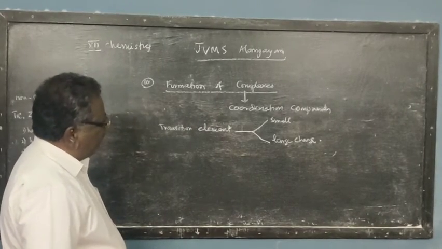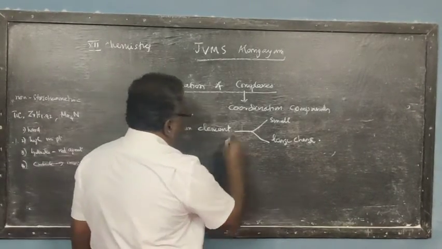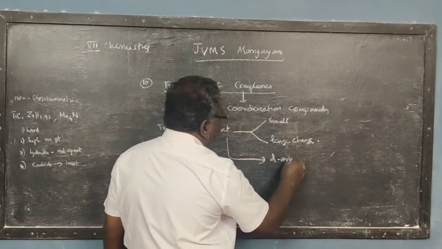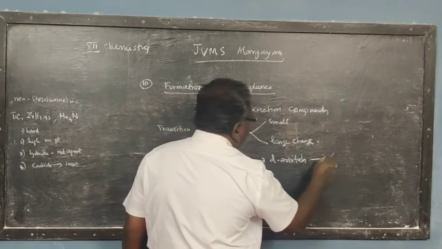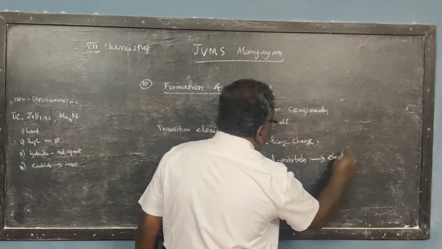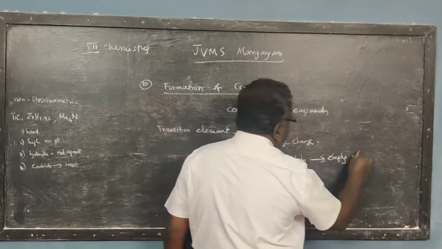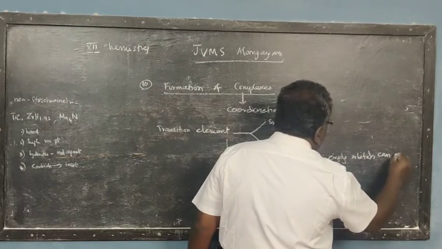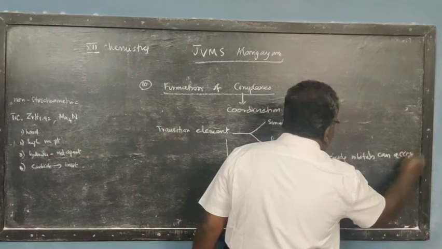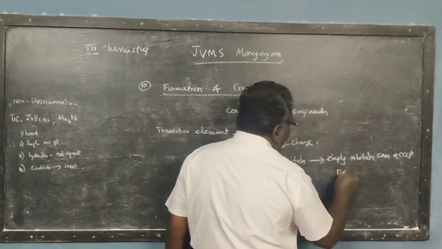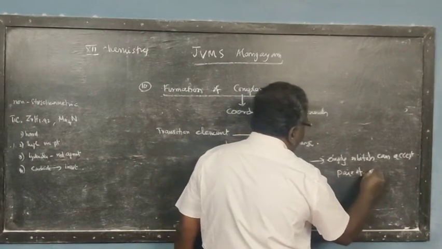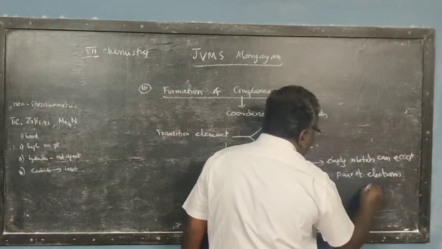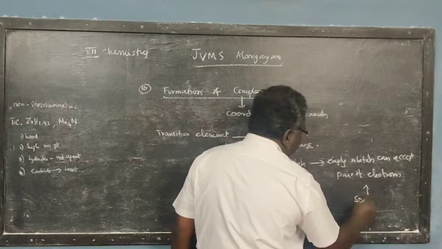And apart from that, in the transition elements, in the d orbitals, there are empty orbitals which are capable of accepting a pair of electrons from certain species.